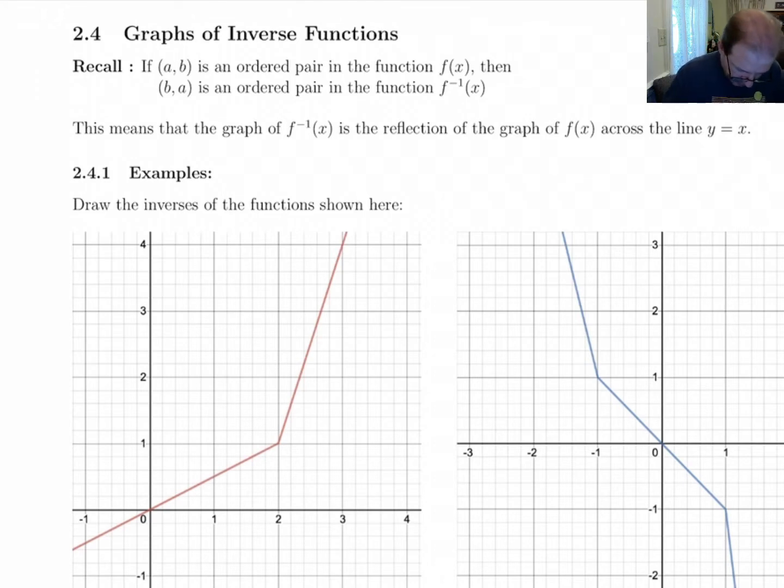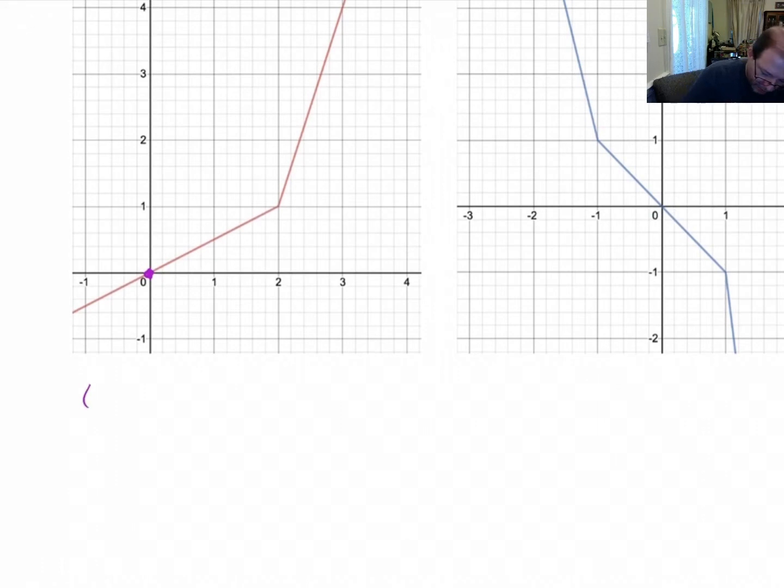But if you look at this first one over here in red, the point (0, 0) is on the original. Let's call the original f. And on f inverse, we're going to get the opposite of that, which is still (0, 0).